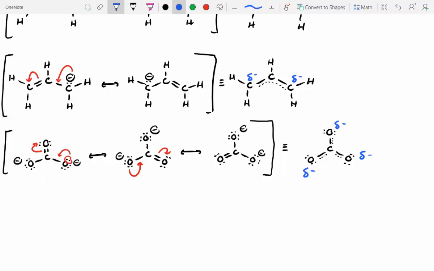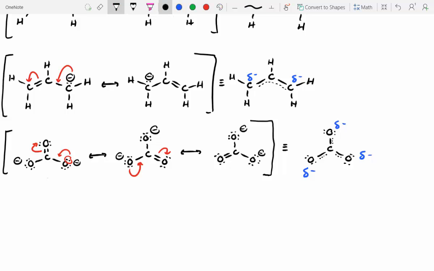If we had to assign a numerical value to it, would it be -1, -1/2? What would the fraction be? Yeah, -2/3. So each oxygen is carrying a -2/3 charge if you wanted to assign a numerical value to it.